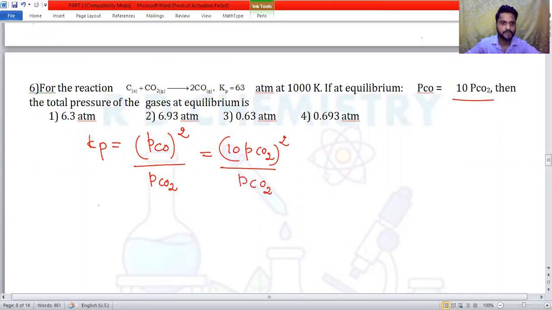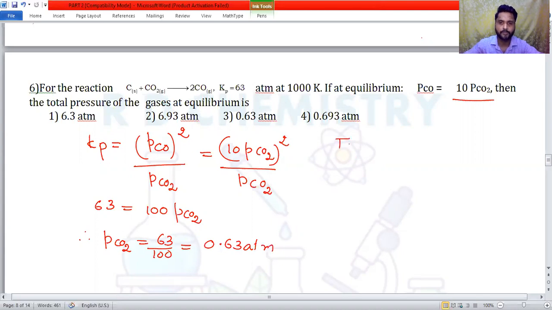Kp value is given 63. 63 is equal to 100 partial pressure of the carbon dioxide. Therefore, partial pressure of the carbon dioxide is equal to 63 divided by 100 is equal to 0.63 atmosphere. We are supposed to calculate total pressure. What is the total pressure? It is the pressure of the carbon dioxide plus pressure of the carbon monoxide formed.